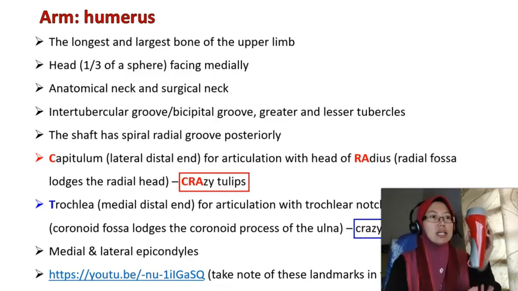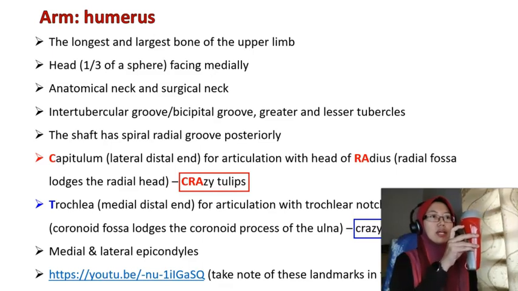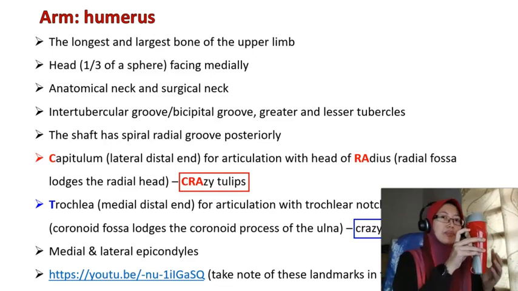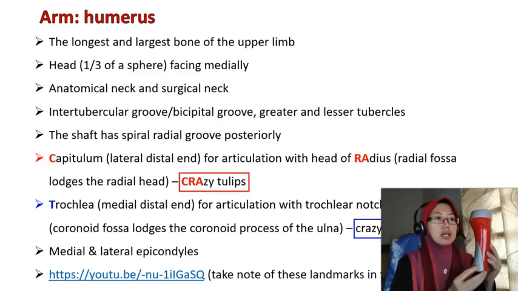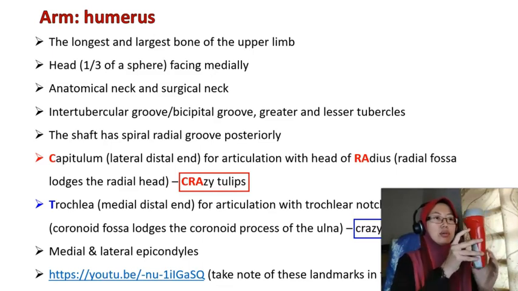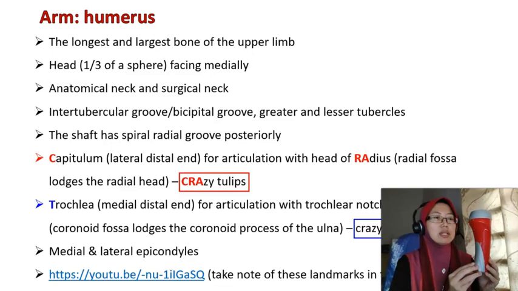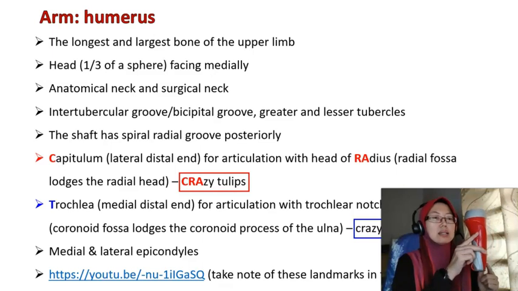And distally, it has the capitulum that articulates with the radial head, the lateral part. Capitulum articulates with the radial head, and trochlea articulates with the ulna. So if this is the lateral part, capitulum and radial head, and the medial part, trochlea and ulna, obviously this is the medial epicondyle, and here is the lateral epicondyle.